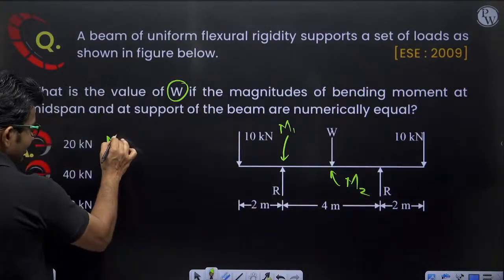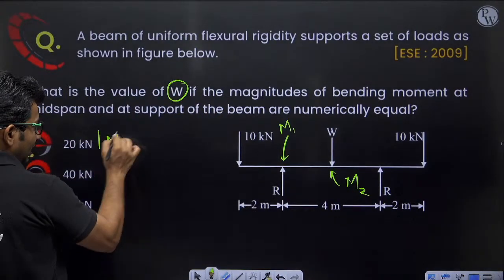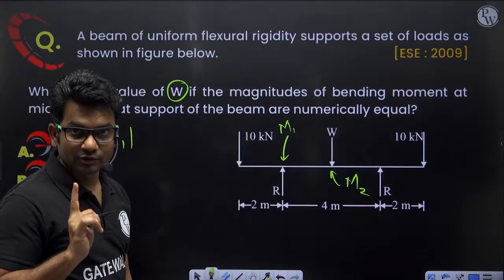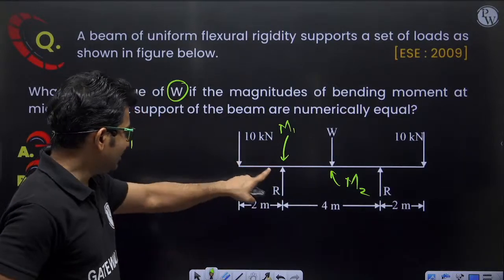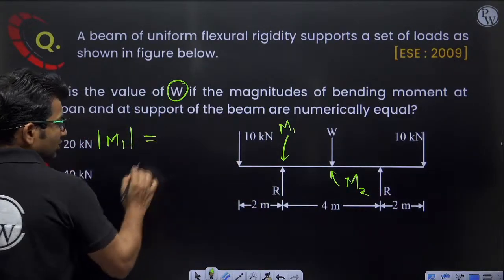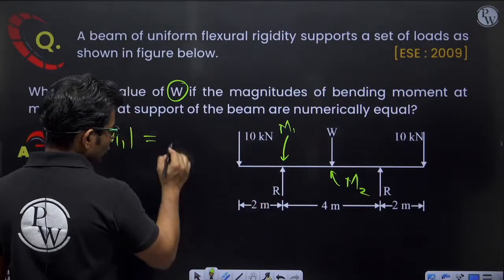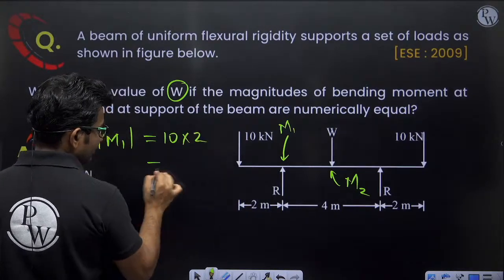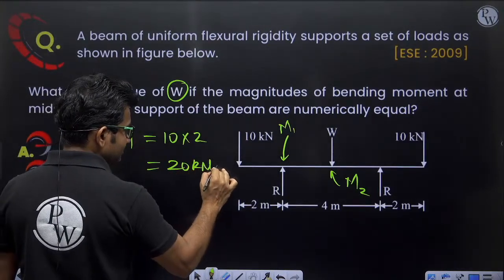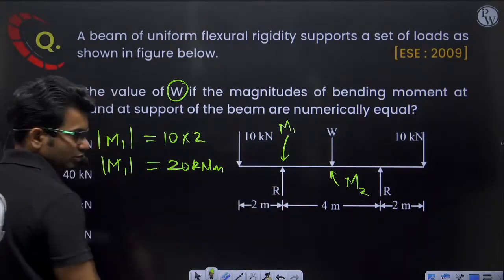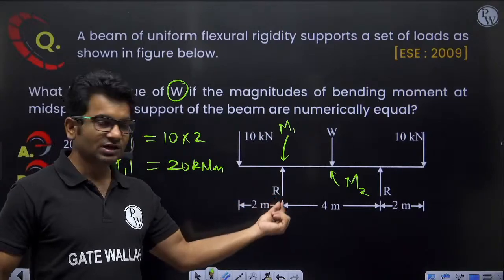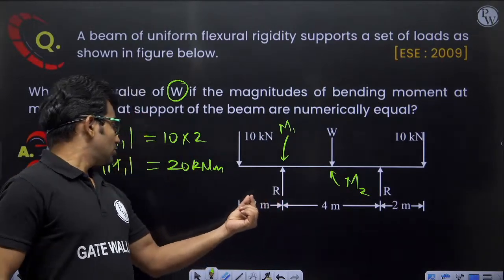So M1 will be equal to, I just have to consider the numerical value. I am taking mod, since numerical values are equal. So this is negative, but I am taking mod. So it will be equal to mod of 10 into 2, that is 20 kilonewton meter. So M1, the numerical value of bending moment at this location, is 20 kilonewton meter.